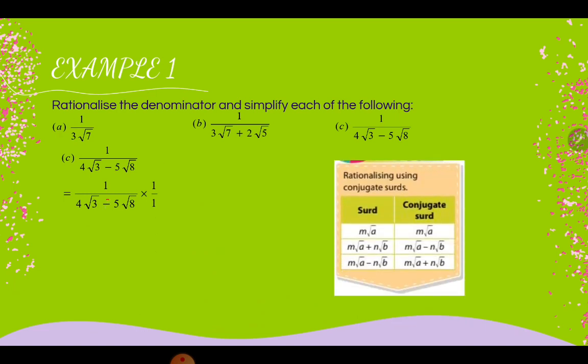So this is minus, therefore this is the case in which the conjugate must be m surd A plus n surd B. So we know that we need to multiply the second fraction with 4 surd 3 plus 5 surd 8. So both the denominator and the numerator need to be multiplied with the conjugate, which is 4 surd 3 plus 5 surd 8.